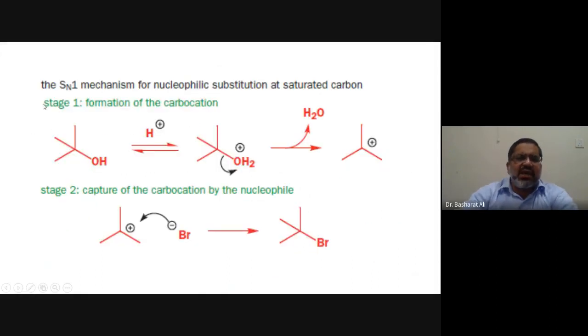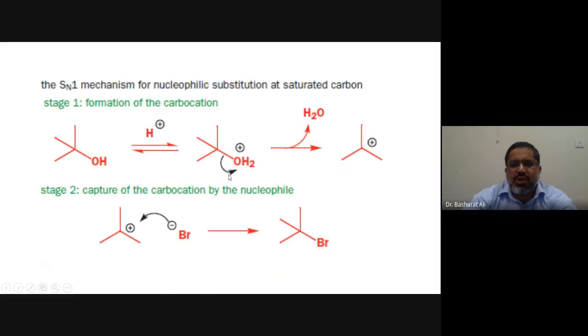Next is the SN1 mechanism. In the previous slide, you observed that H positive ion reacts with this molecule. How does this occur? H positive ion forms a coordinate covalent bond with a lone pair of oxygen and produces an OH2 positive ion, which detaches from this group as it is in an unstable state.